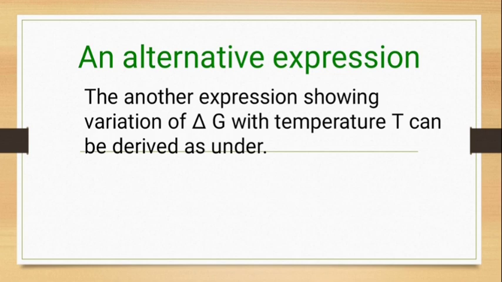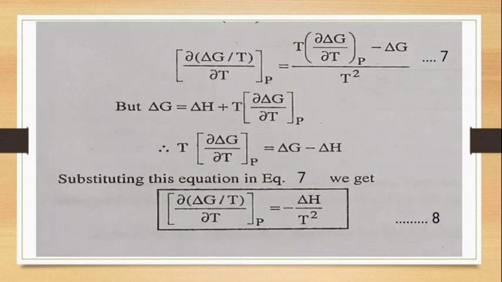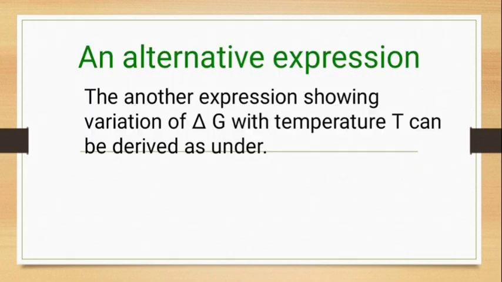So this is another expression which shows how ΔG changes with respect to temperature, and it can be derived this way. ∂(ΔG/T)/∂T at a constant pressure is equal to T in bracket ∂ΔG/∂T at a constant pressure minus ΔG divided by T squared.